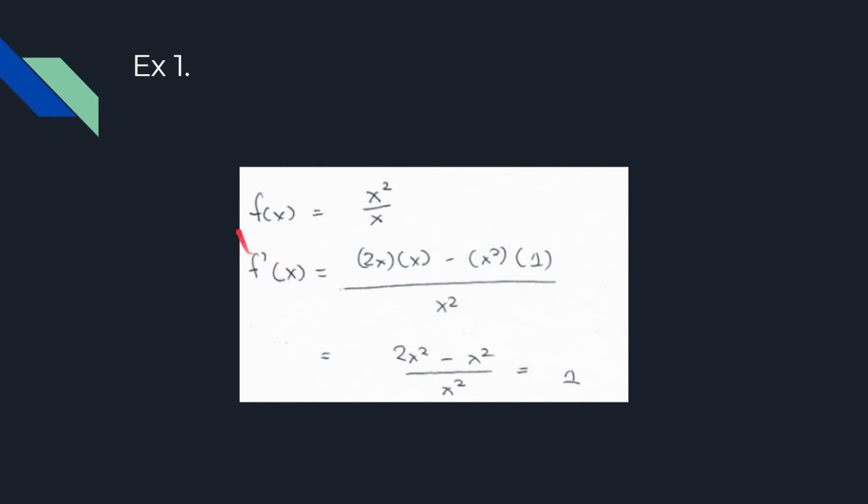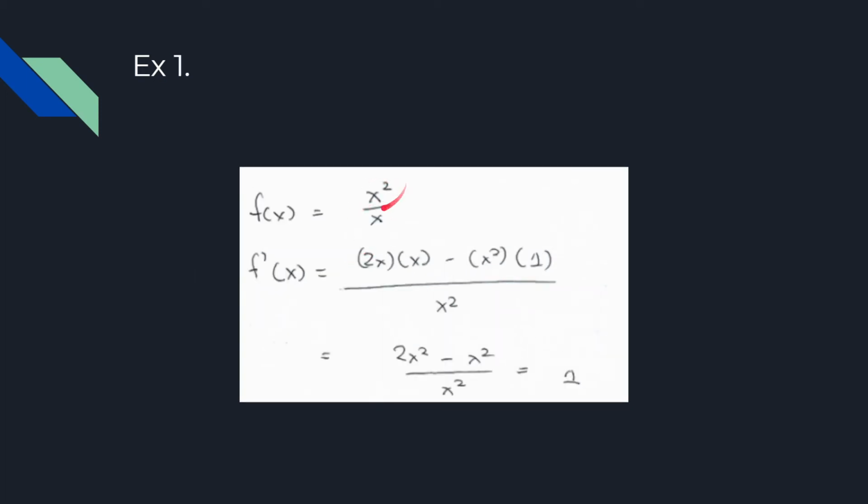So let's look at some examples to help us understand what it is. f of x is equal to x squared divided by x. Here you're going to notice that this could just reduce into x, which would mean the derivative is 1. But we're going to use this as a place to start learning about what the quotient rule really is, and it's going to help us deal with cases where we have to use it.